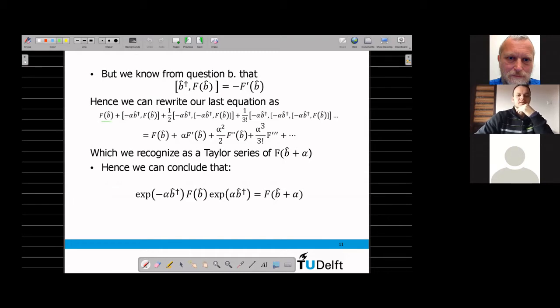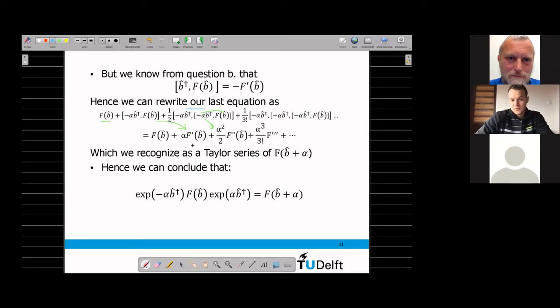We have the initial y value, then the derivative of f. Then we have the second derivative of f, because this commutator will give the first derivative, but then after performing this commutator again, we'll have the second derivative, and so on in this whole series.